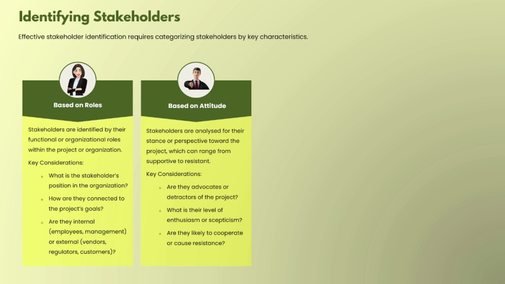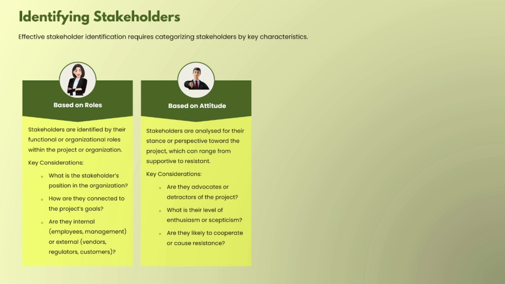The key consideration while identifying such stakeholders is: are they advocates or detractors of the project? It means whether they are very much into the project and want to see its success, or someone who only talks about negative things about the project. So in this way we need to identify the stakeholders.